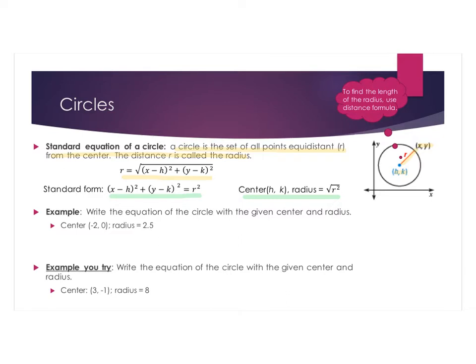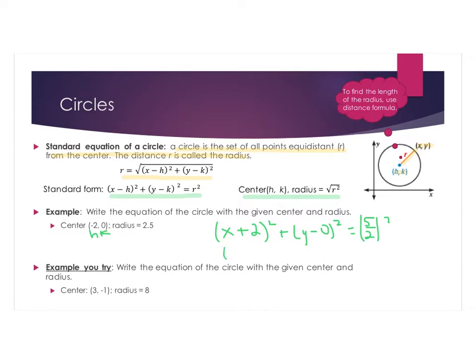This brings us to our first type of problem, where we're going to write the equation of the circle with the given center and radius. So all we do, I'm going to identify the -2 as h and the k is 0. So x plus 2 quantity squared plus y minus 0 quantity squared equals 5/2 quantity squared, which is the same as 2.5.